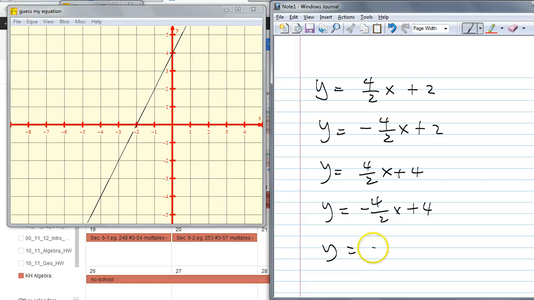Some of you had this. You wrote that twice. No, not with the negative. Some of you had this. Yeah, that's right. That's correct. Raise your hand. So a lot of you had this, so that's good.